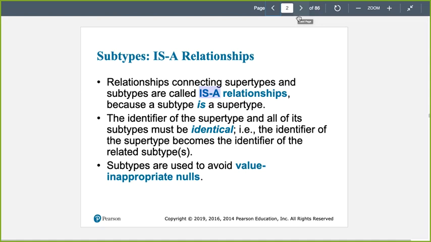But if you look at student and person, you read it as student is a person, so you can use the verb here.